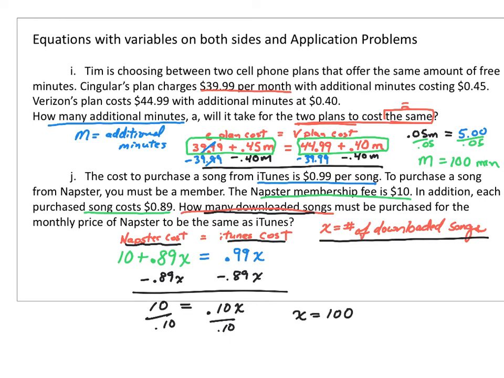So 100 downloaded songs, then at that number of songs, iTunes will cost the same as the Napster. So you can use your own downloading habits to determine which service is best for you.